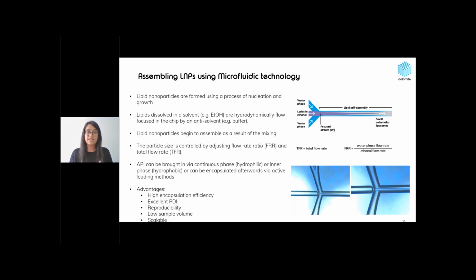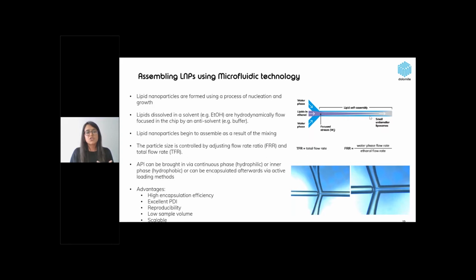If your API is hydrophobic and can be dissolved in the lipid phase, you may be able to introduce that in the organic phase. So you have lipids in ethanol, and they have your aqueous phase, and these are hydrodynamically flow focused in the chip, which causes the mixing of the 2 fluids, allowing for the liposomes to assemble.